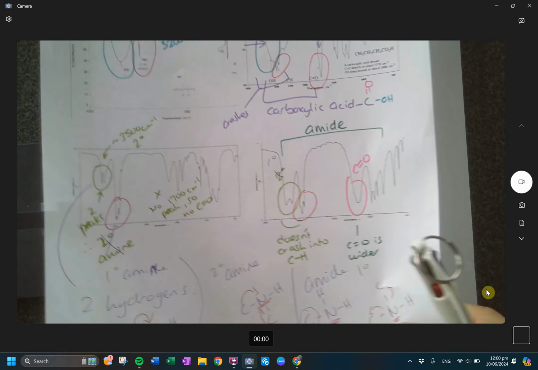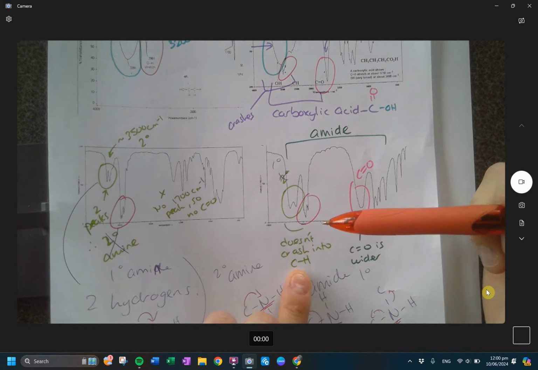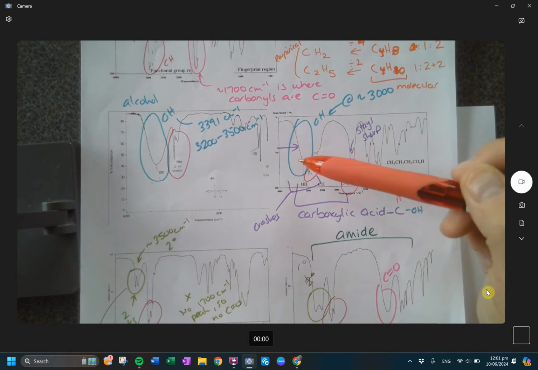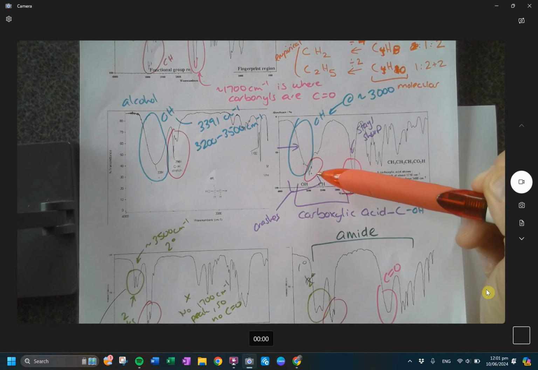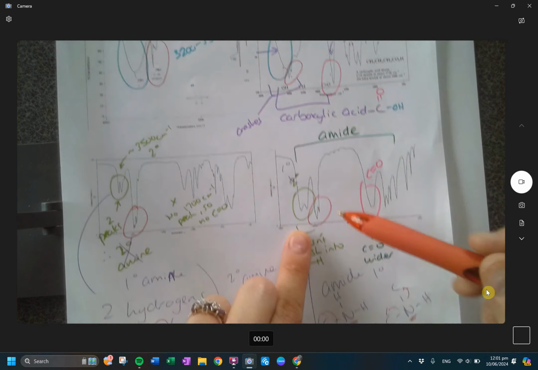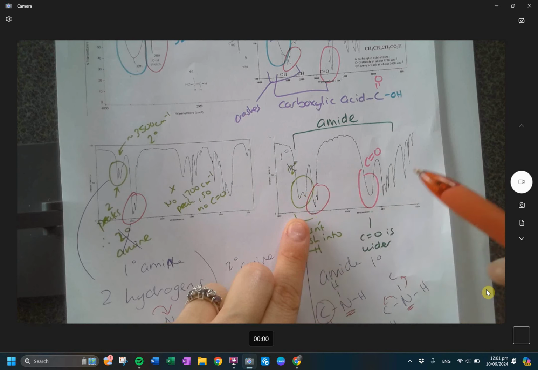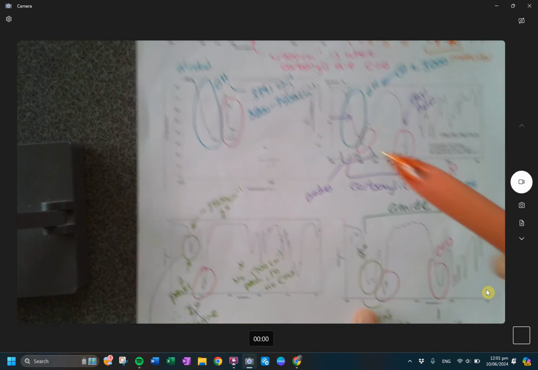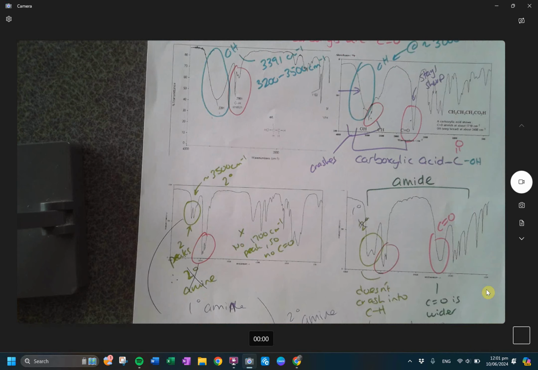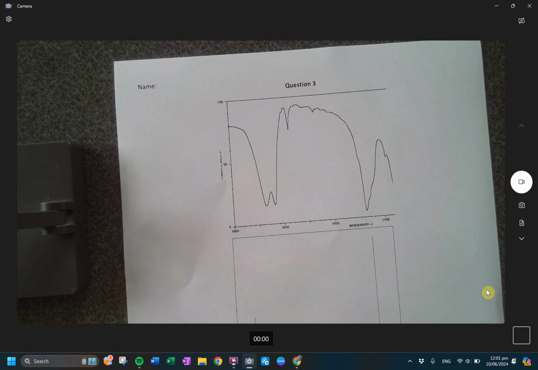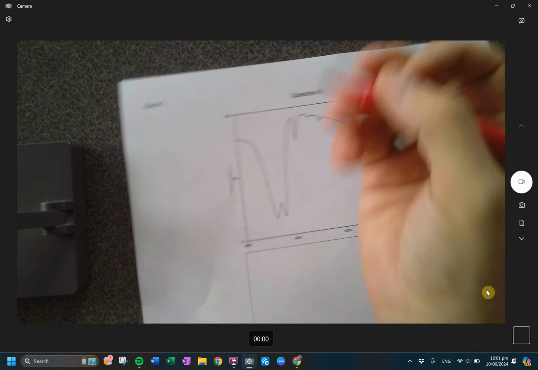And then the third option is this one over here, which is carboxylic acid, so that's the OH again, but you see how it's crashing in to the CH, this bit here? And then this is my last option. Double peak doesn't crash into the CH. So these are my 4 choices. I look over here and I go, what does that look like? The amide. So that's my first bit of information that I've identified, is that I have an amide.